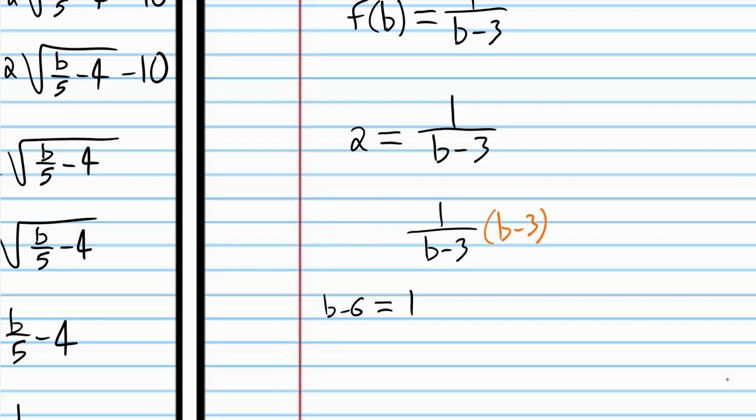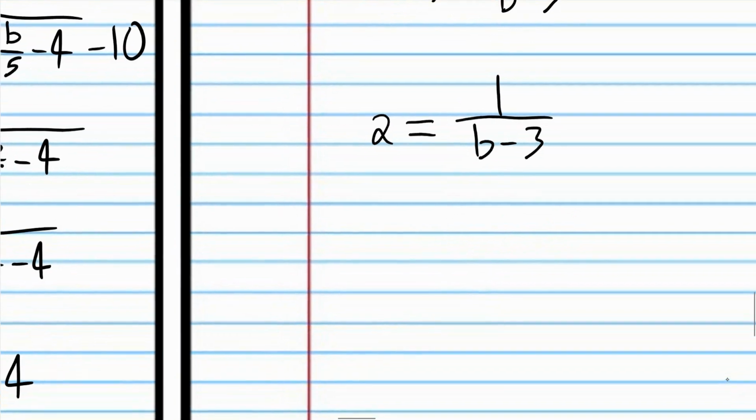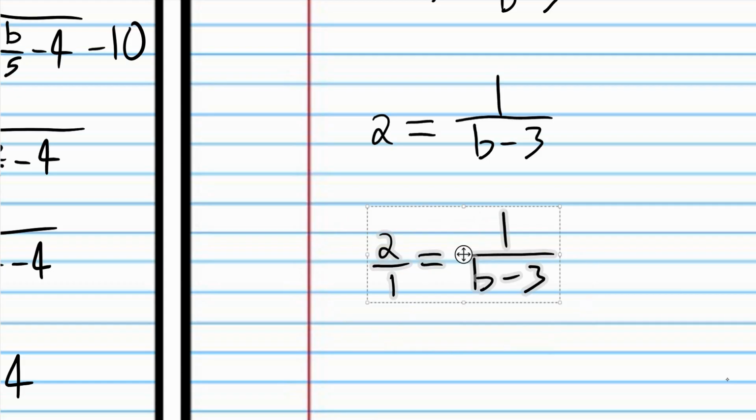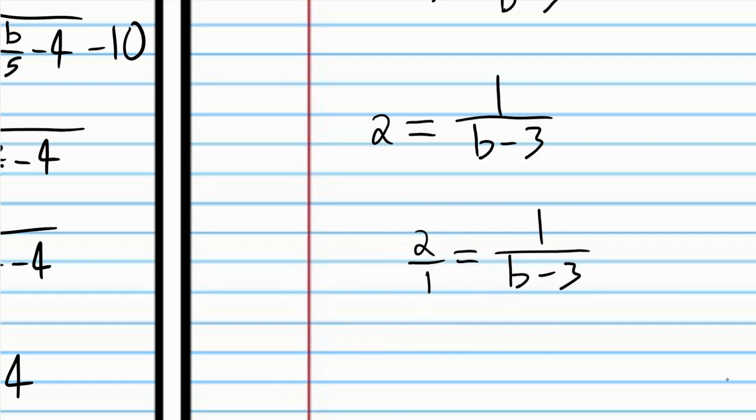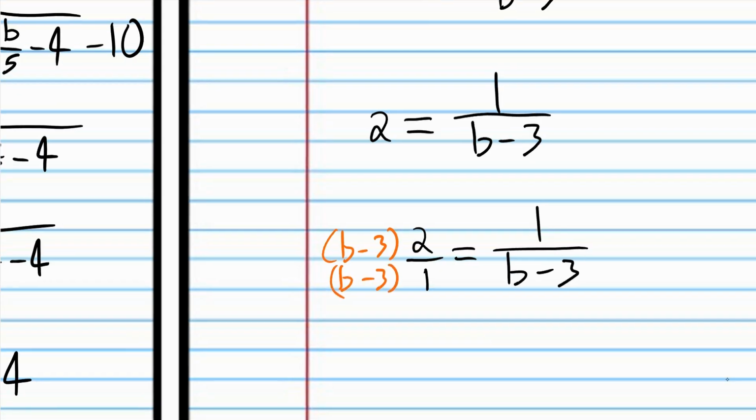But students tend to prefer a different method. They like changing 2 to 2 over 1, as we did in the first method. And then they like changing that fraction by using the fundamental principle of fractions.